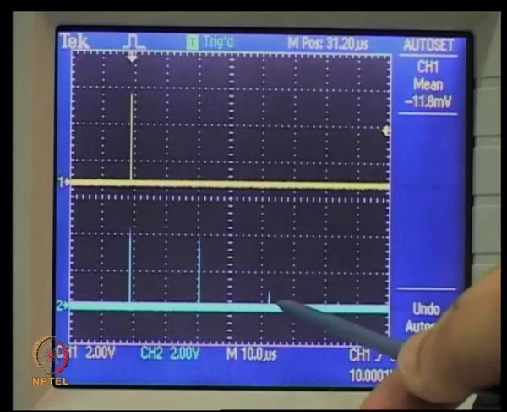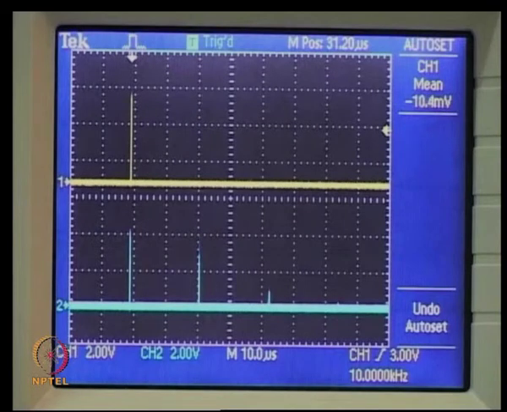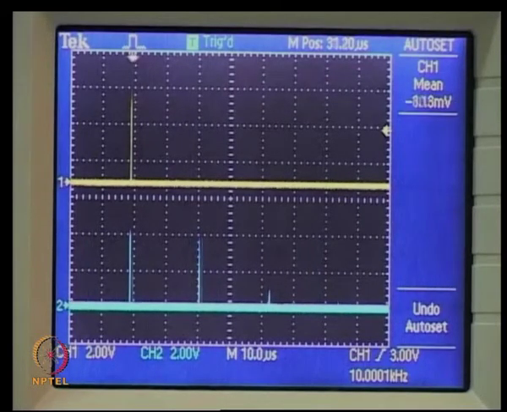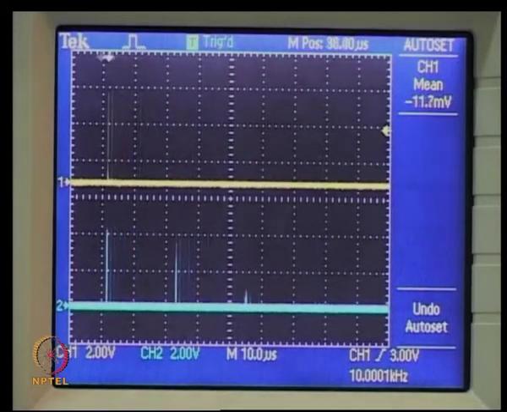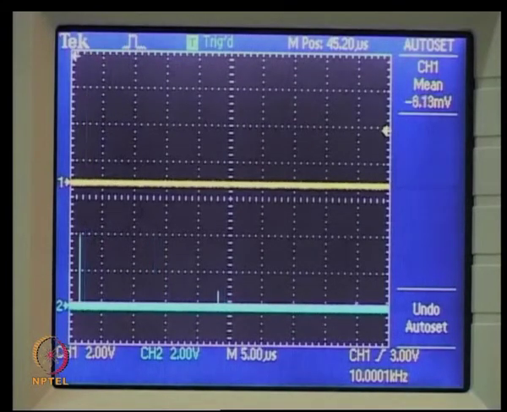We will see the third peak. This third peak has travelled 8 kilometers in the fiber.